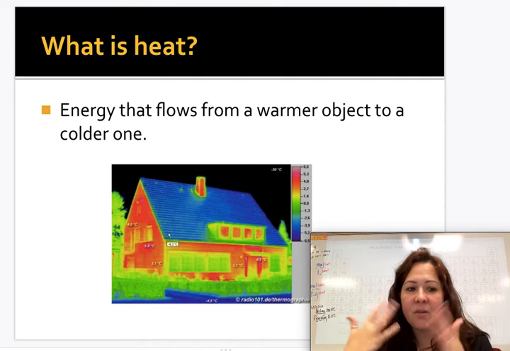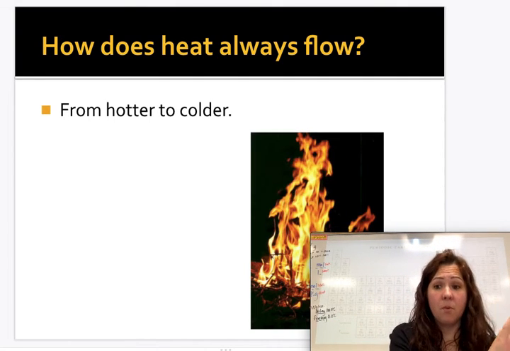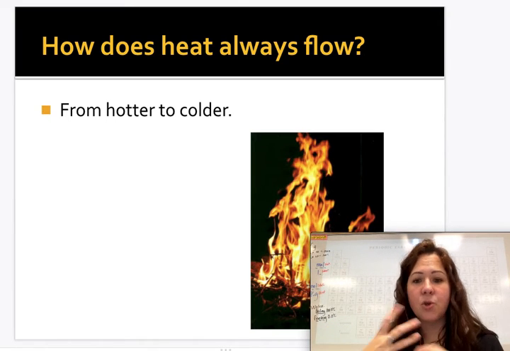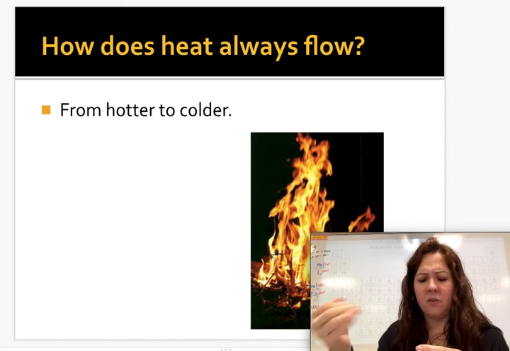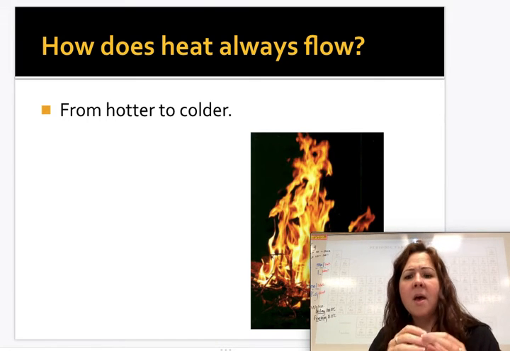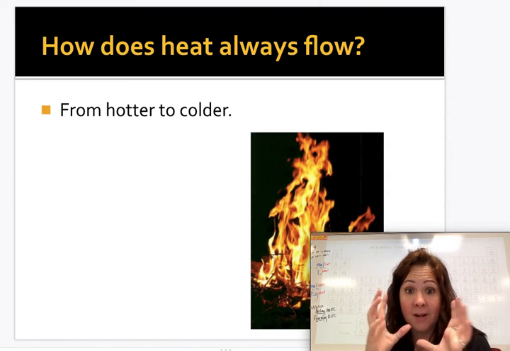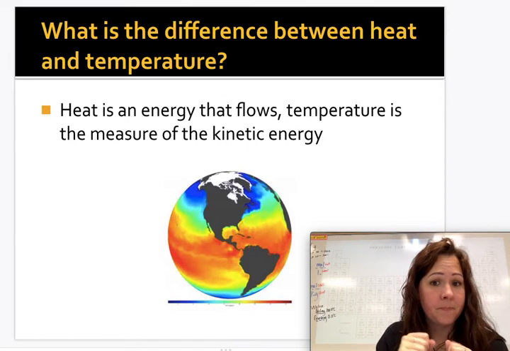You really need to think through that process, that heat will only flow from a warmer object to a cooler object. So when we get into things like exothermic and endothermic, we need to think about whether the heat is flowing in or flowing out. So we really need to think about the visual process of heat only flowing from hot to cold.